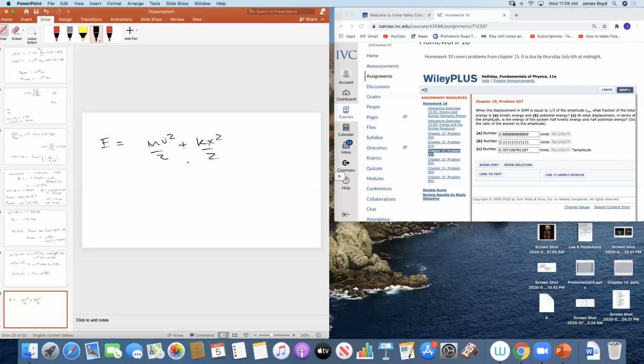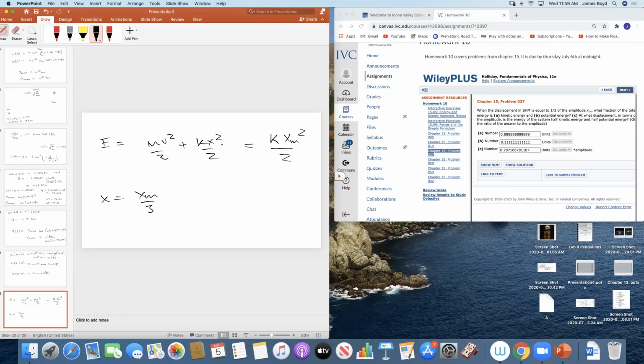And this whole energy actually turns out is equal to k times x max squared over 2 at any time. So what this question is really asking you is what fraction of the total energy is the kinetic energy and the potential energy when x is equal to a third of xm, okay?